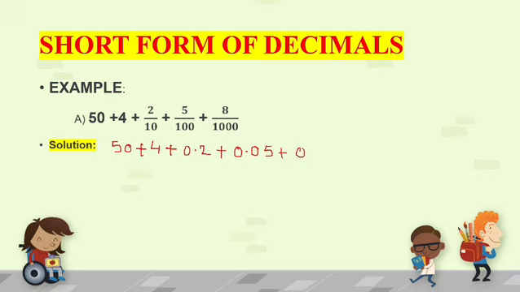So it will be 0 decimal. How many places will there be? 1, 2, 3 digits. So there will be 3 places: 1, 2 and the third number will be your 8.